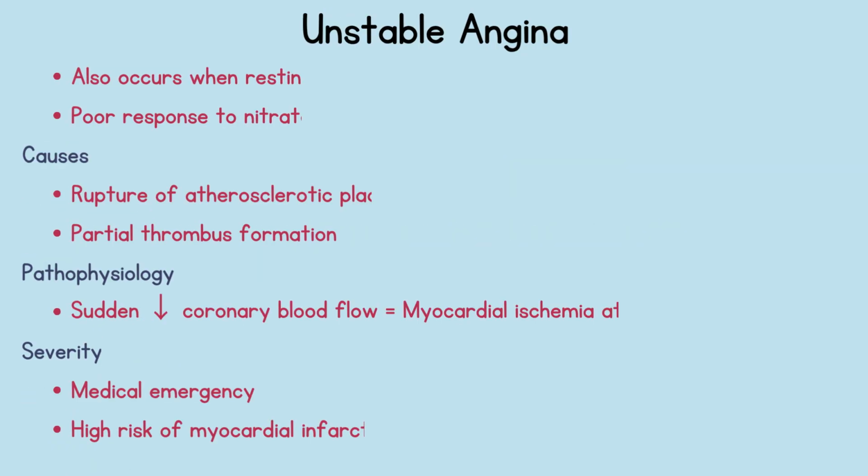The second type is unstable angina. This usually occurs due to rupture of an atherosclerotic plaque with formation of a partially occluding thrombus, resulting in a sudden reduction in coronary blood flow. Unlike stable angina, it can occur even at rest, is usually more severe, does not resolve simply with rest, and may have little or only partial relief with nitroglycerin.